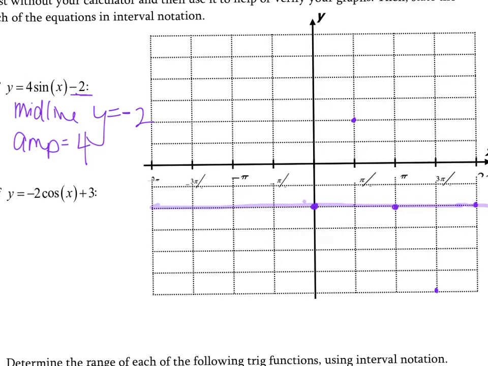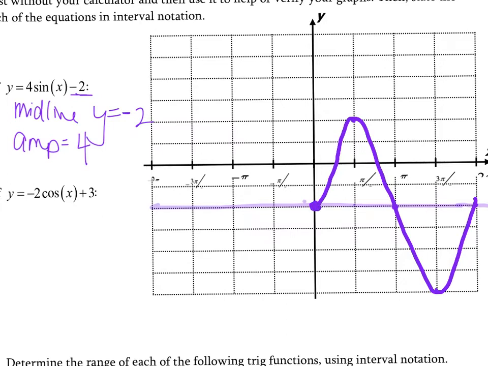Now I'm going to connect that part. That's okay looking. And I'm now going to plot my points backwards. So if I'm going backwards, when I go to negative pi over 2, I'm going to go down.